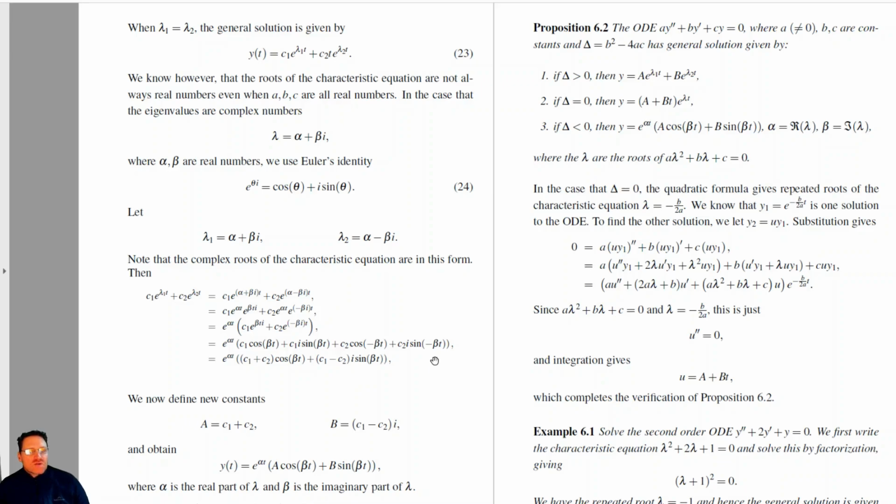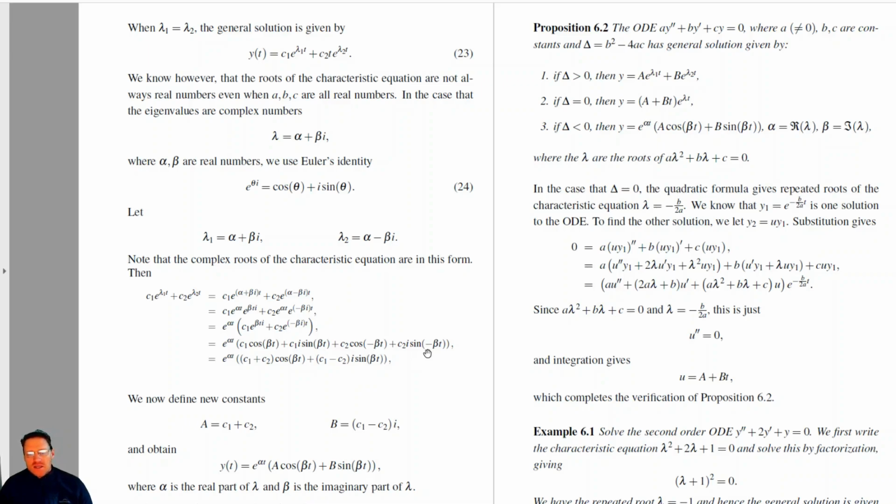Okay, so next we want to collect the sine and the cos together and then put the constants nicely collected in front. So we still have e to the alpha t outside of the whole thing, but the coefficient of cos of beta t is c1 plus c2. So we take this and put it next to the other cos. Now cos of minus beta t is the same as cos of beta t. We say that cos is an even function.